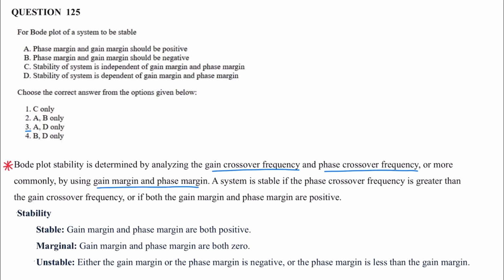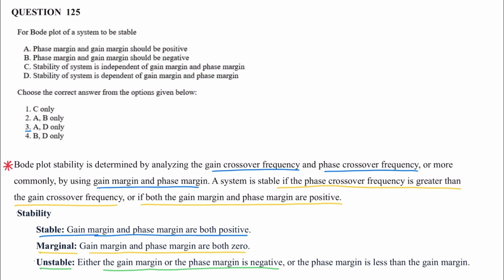A system is said to be stable if phase crossover frequency is greater than gain crossover frequency, or if both gain margin and phase margin are positive. If gain margin and phase margin are both 0, it is marginally stable. If either gain margin or phase margin is negative, the system is unstable.